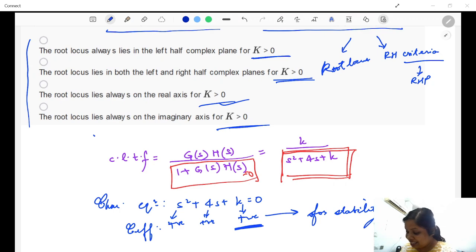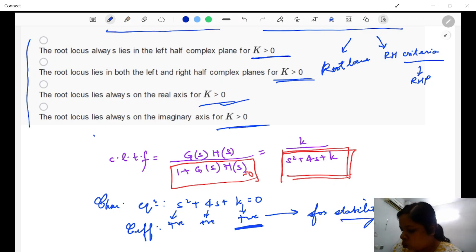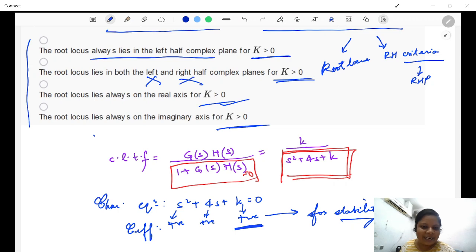So if it is stable, what could be the answer? The root locus always lies in the left half of the S-plane, not in both left and right, because there is no closed loop pole in the RHP, as you can see from the Hurwitz polynomial itself. The root locus lies always on the real axis, and this you can check.